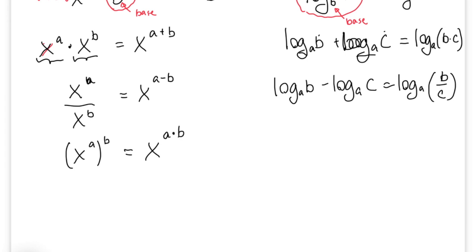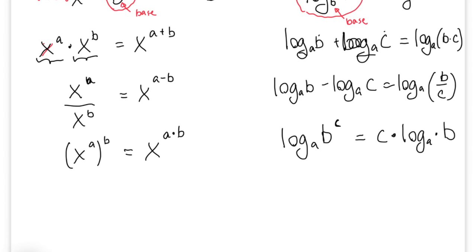Similarly, if I take a logarithm, remember a logarithm is an exponent, and I raise it to an exponent, then I can multiply the two exponents together. So the one exponent is c, the other exponent, because the logarithm is an exponent, is log base a of b.